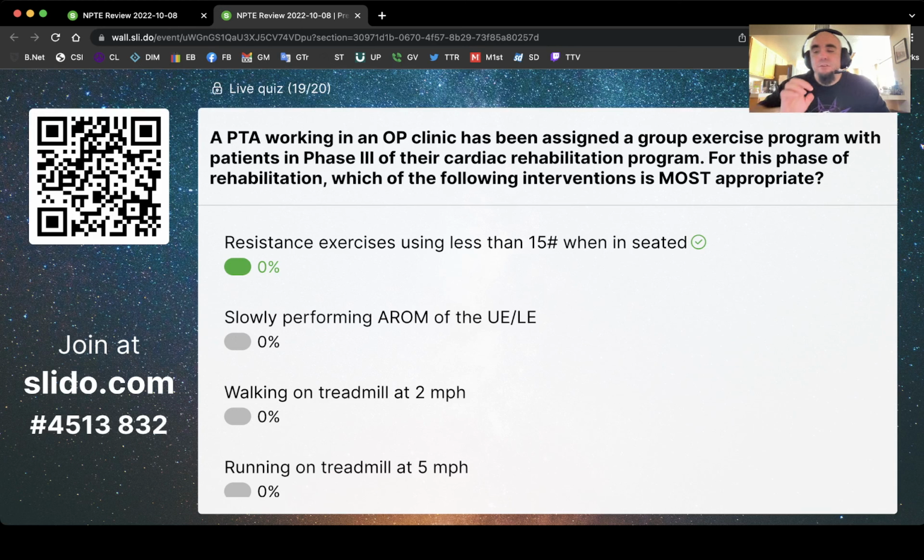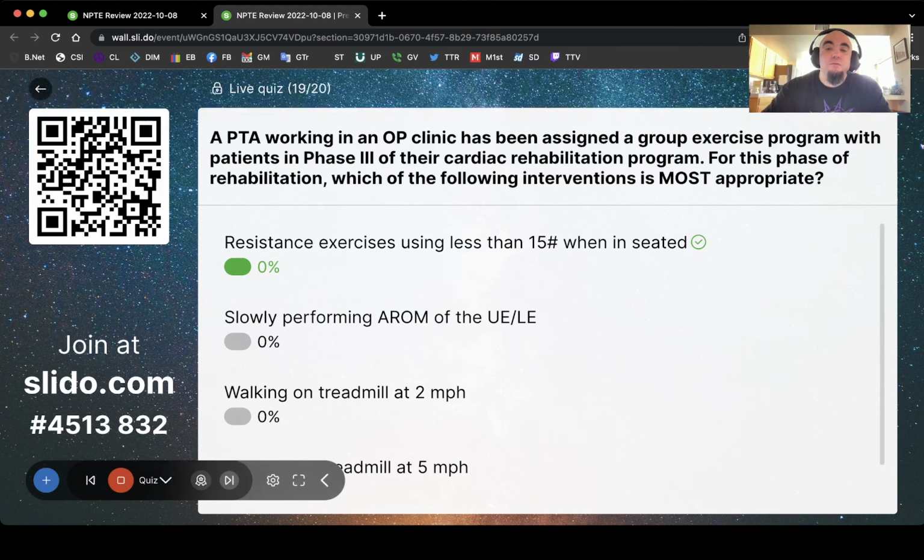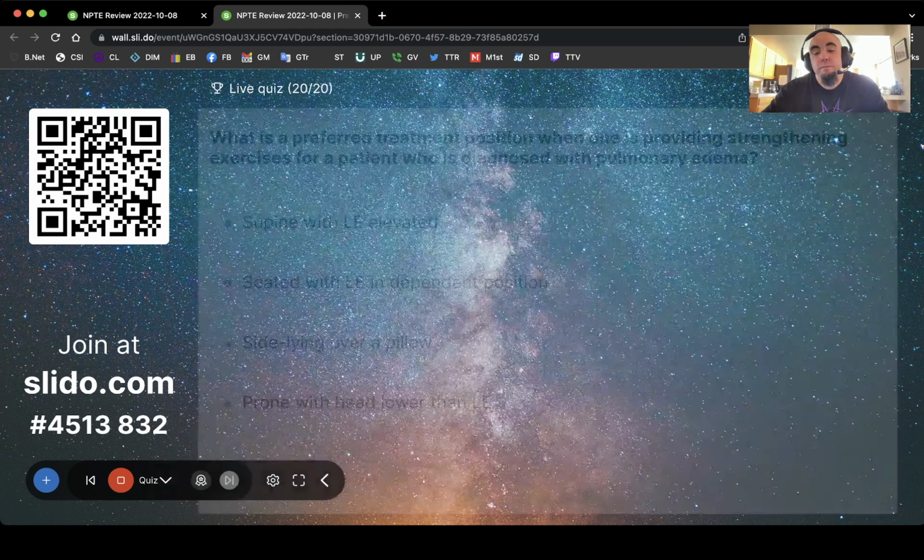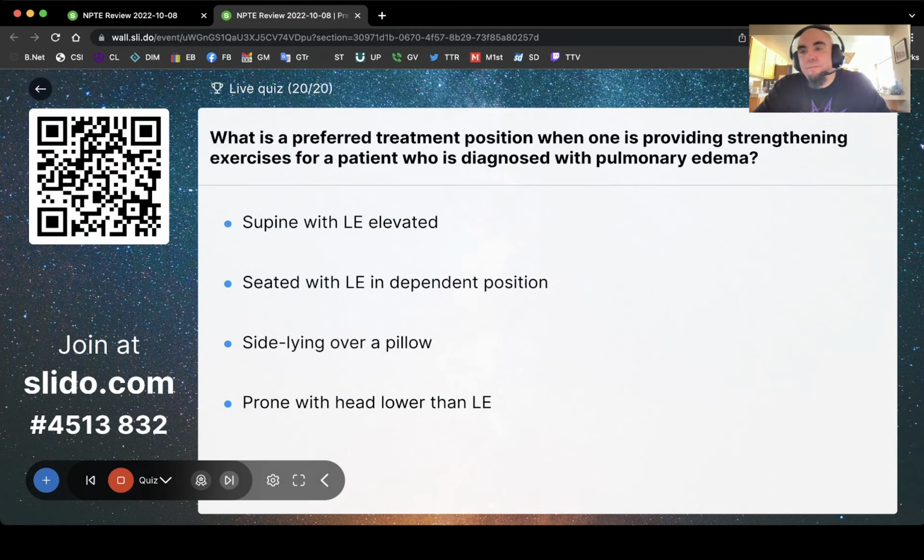And then walking on a treadmill at 2 miles an hour, good lord, that's slow. And I wouldn't suggest necessarily putting a patient in cardiac rehab on a run at 5 miles an hour either at phase 3, and not maybe until they're discharged. But the main idea here is when we talk about phase 3 rehabilitation, we're talking about actually going through cardiac rehabilitation, adding resistive training.